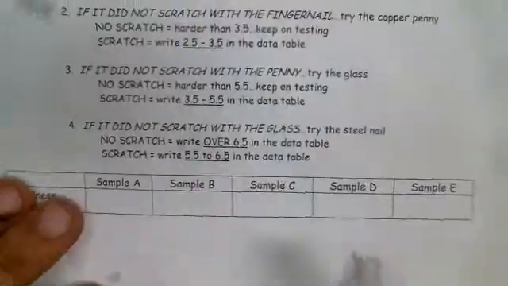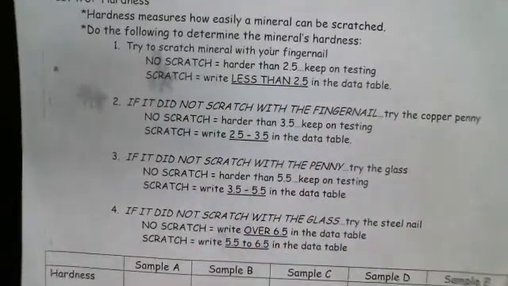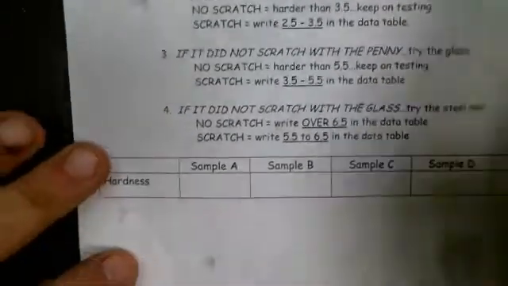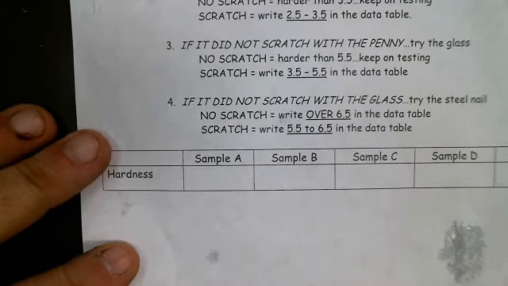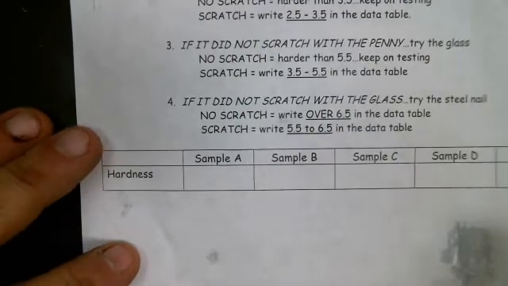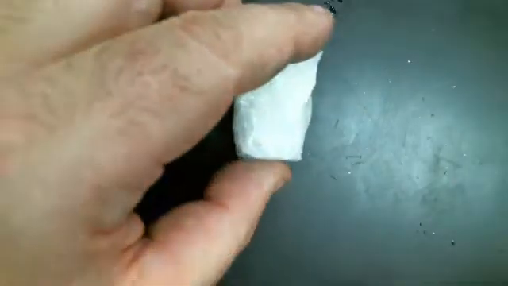Okay, so look at your hardness scales from your previous packets, or you can follow the directions right here, and you can figure out the hardness of sample A. Sample B. Sample B is this white material here.